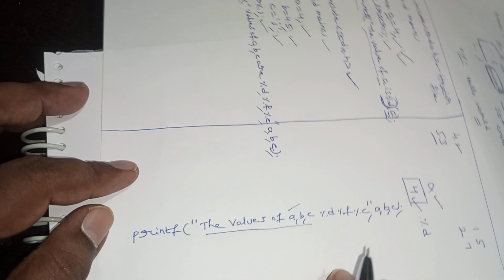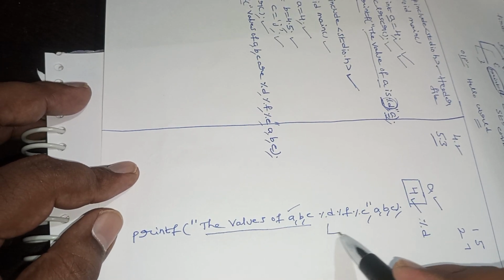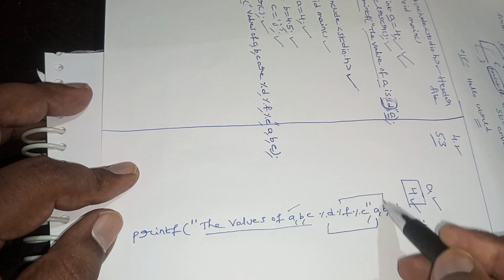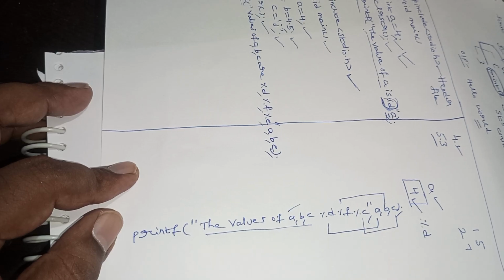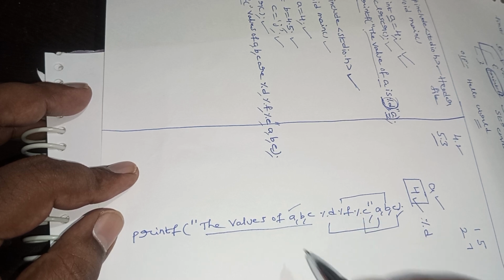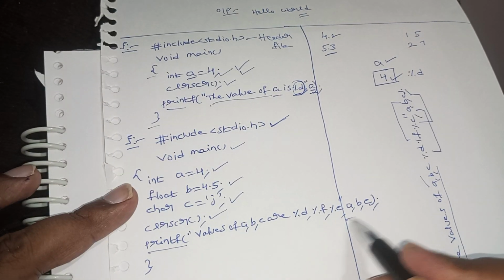So in this way you have to write the printf statements. See, it matches the first one to a, the next to b, and the last one to c. In this way you have to print multiple values onto the screen. Then what will be the output? Same statement only I wrote.